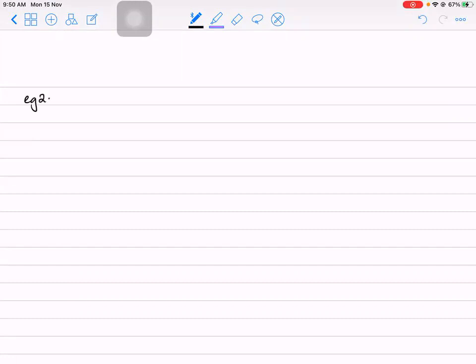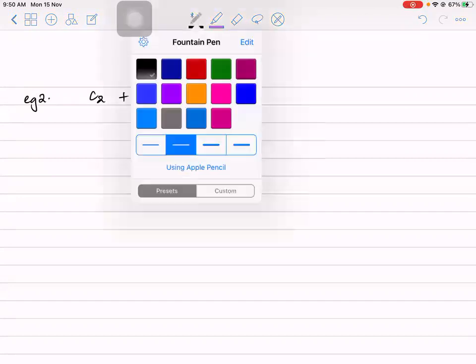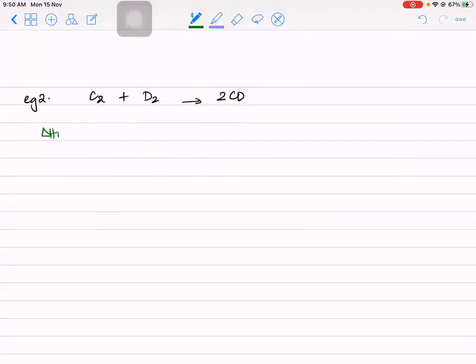So if you have C2 plus D2 giving 2CD, let's find the delta H using formation. So what will we do? Delta H R is equals to formation of product minus formation of reactant. What is your product? CD.